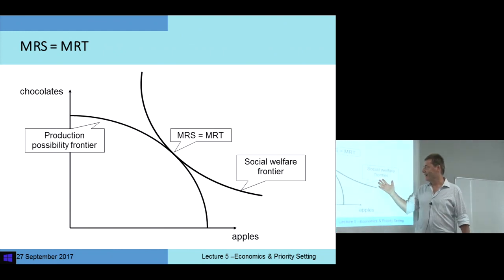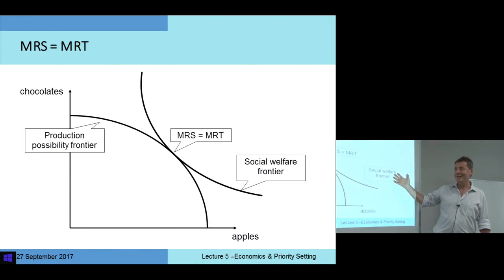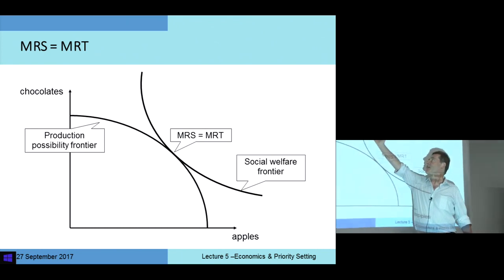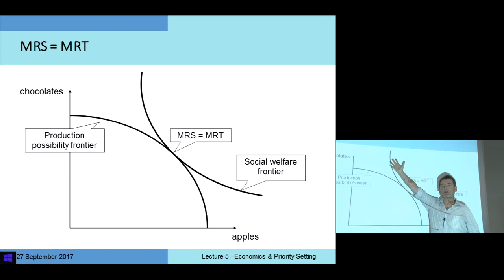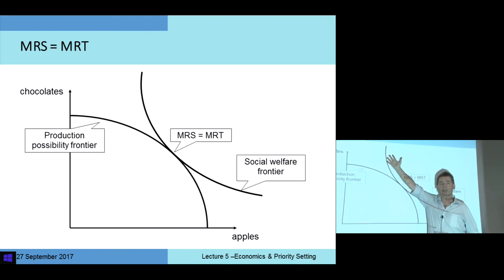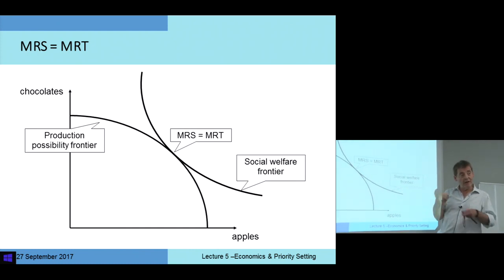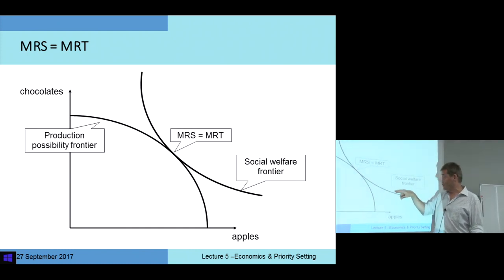Similarly, we call it a social welfare frontier. We can imagine a curve that is showing what people value, the different combinations of chocolate and apple that are of equal value to them. And so there's lots of these curves.